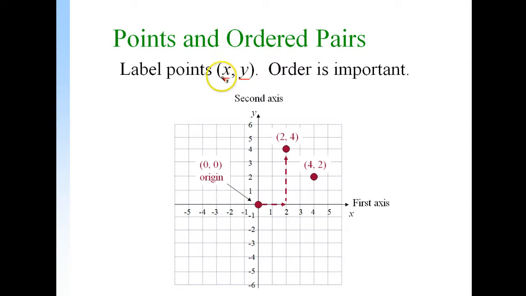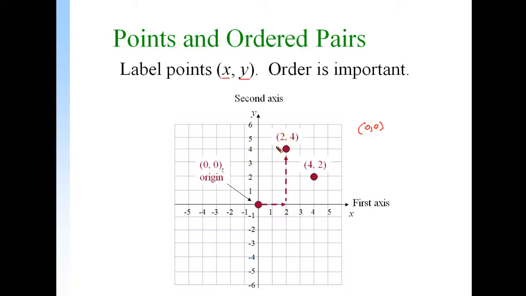So when you go to plot a point that is an ordered pair, you start on the x-axis, and since this point is 0 for the x and 0 for the y, it's called the origin and is written 0, 0, as is shown there.